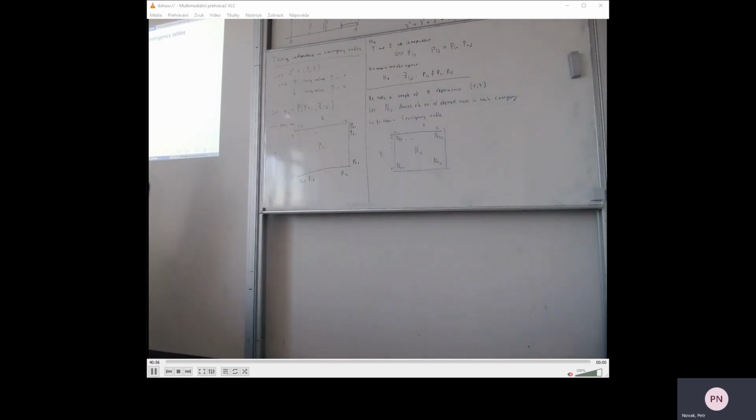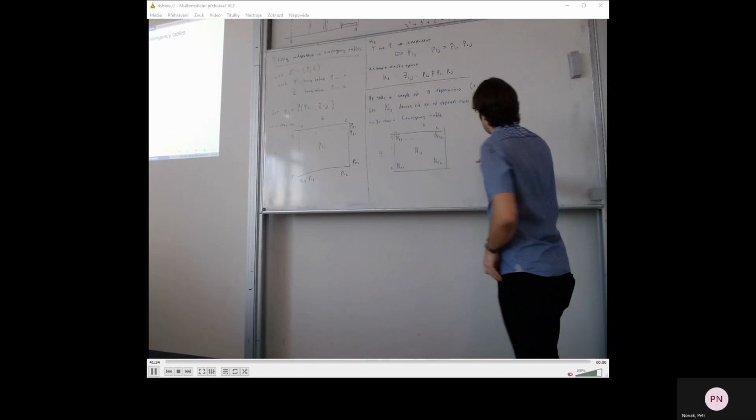Now, by taking row sums and column sums of this table, we get just the numbers of individual categories separately for one of the variables and for the other.